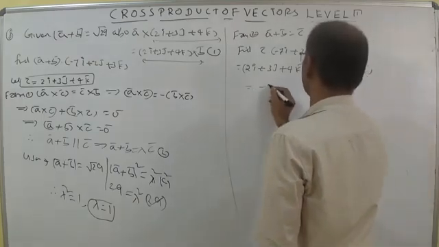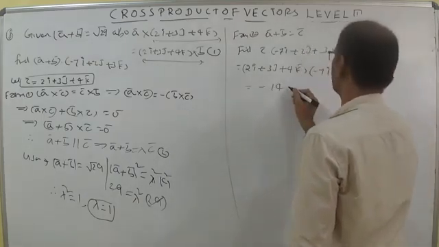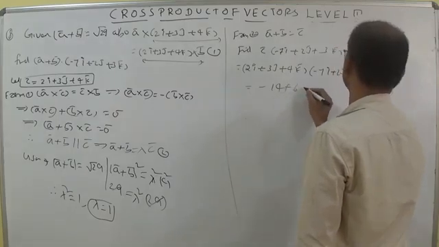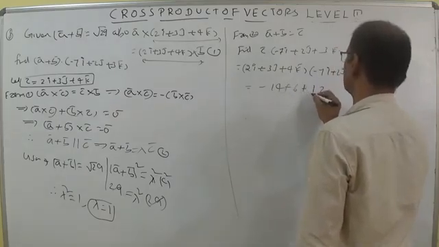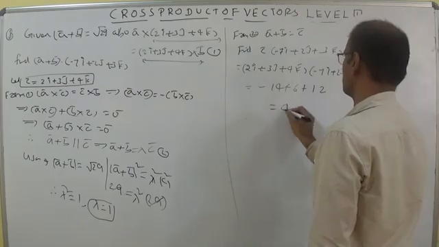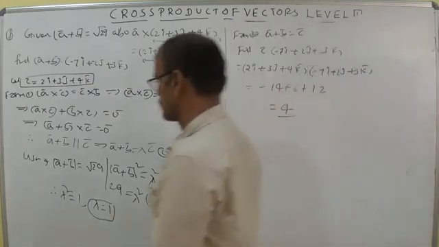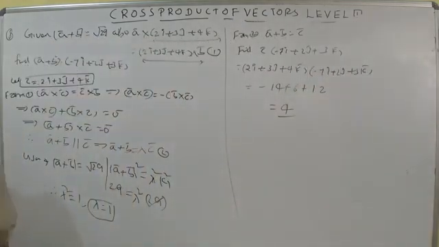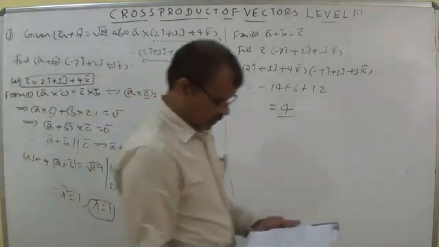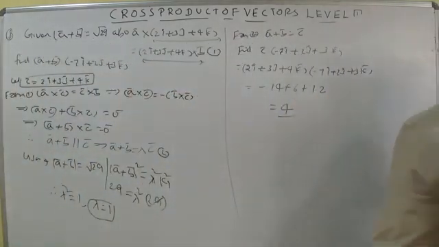Now using the concept of i dot i, minus 14 plus 6 plus 12. 6 plus 12 is 18, 18 minus 14 becomes 4. 4 is the right answer. It is the third option.